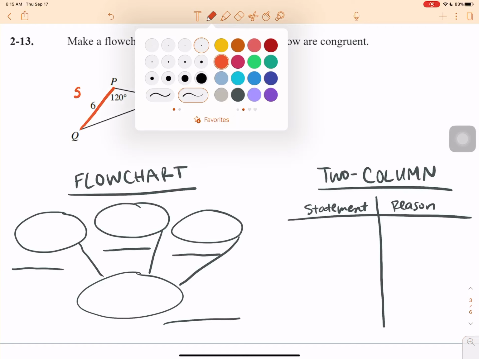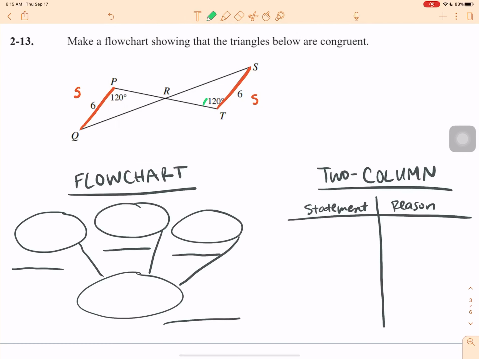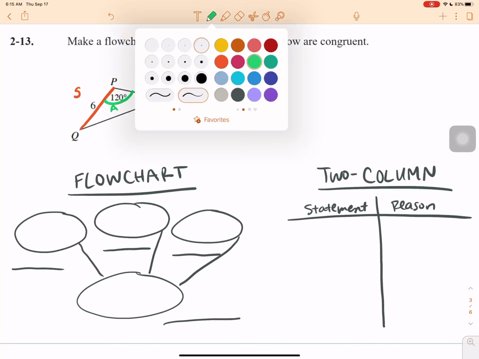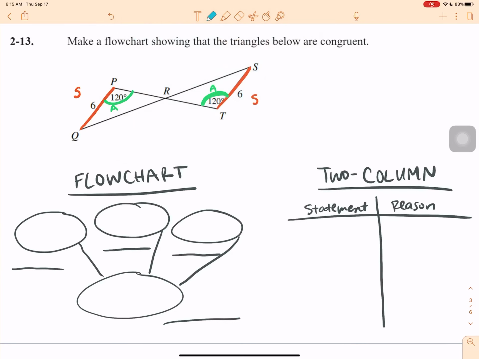And then we have an angle here. This angle 120 degrees is congruent to this angle 120 degrees. And then you have to recognize that you have vertical angles right here. So where those two lines cross, they create vertical opposite angles here.